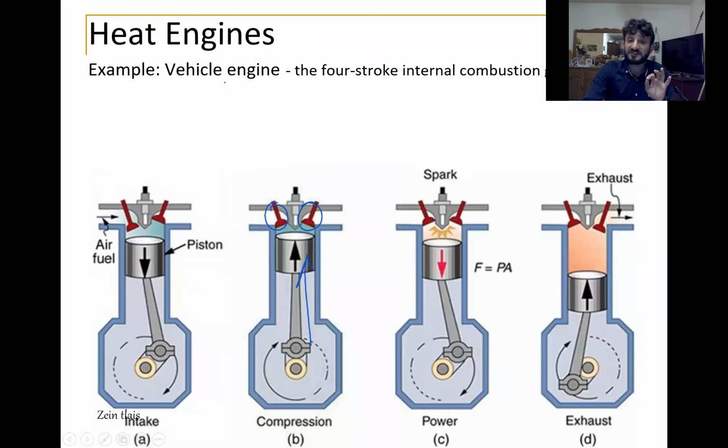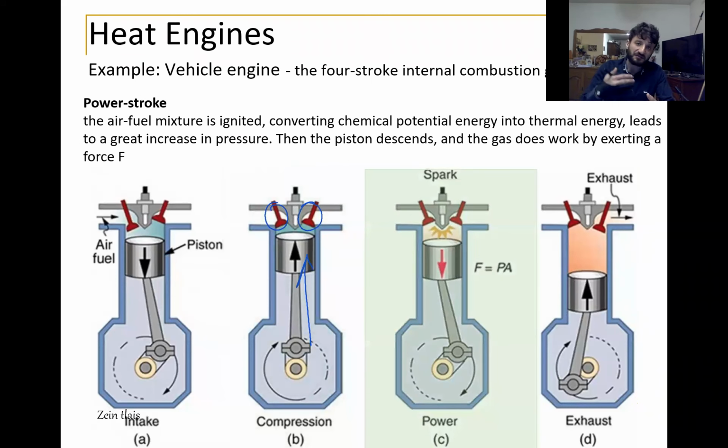At the end of this point, when we have a maximum compression of the gas, we go to the power stroke. In the power stroke, the air-fuel mixture is ignited.